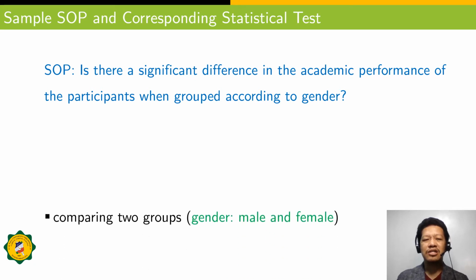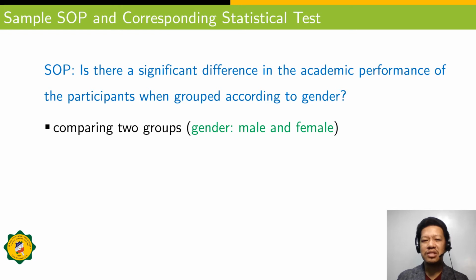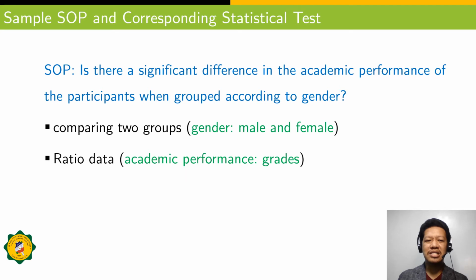Here we are comparing two groups because this is according to gender, male and female. Then we look into the variable involved, or the data. It's about academic performance in terms of grades, for example, and that's in the ratio level of measurement. Since we are comparing two sets of ratio data, we have to use independent samples t-test.